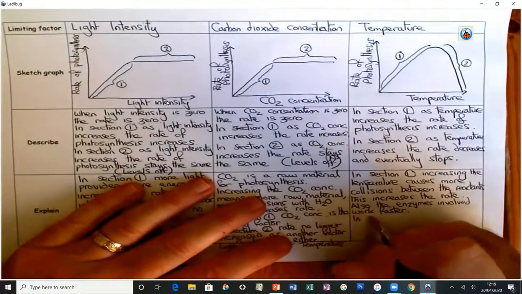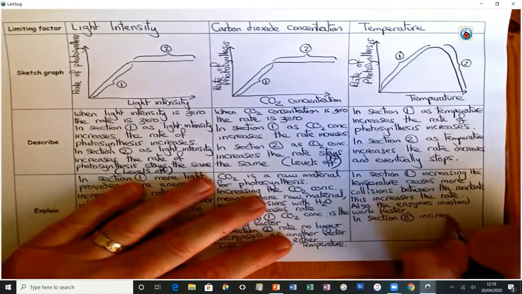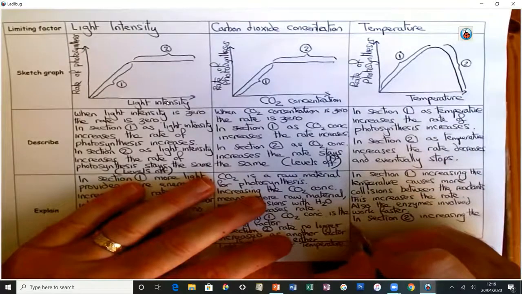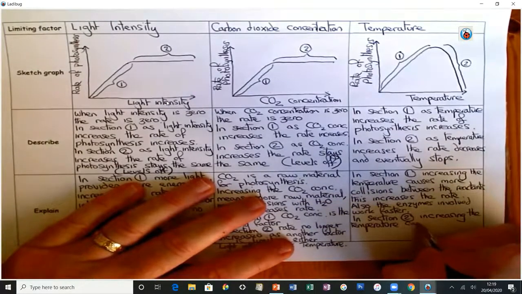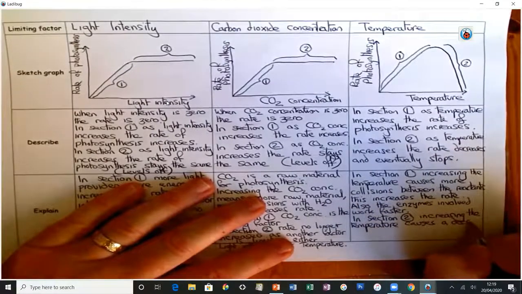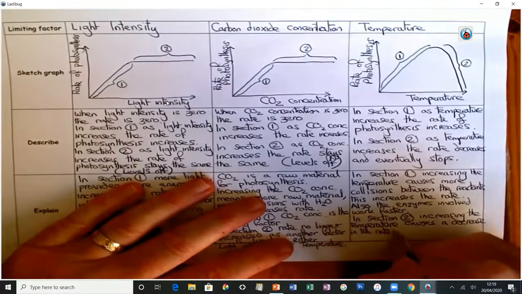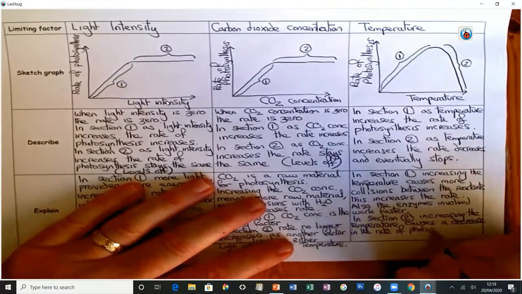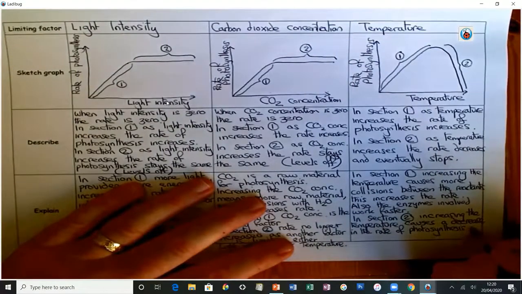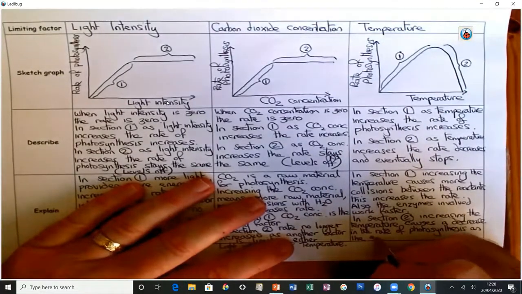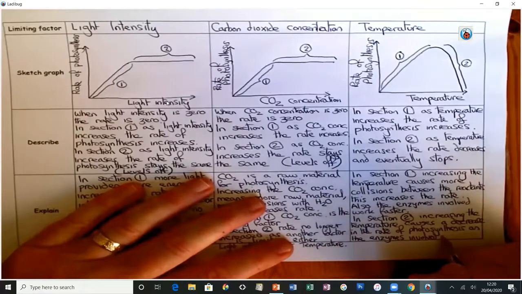So in section 2, increasing the temperature causes a decrease in the rate of photosynthesis, as the enzymes involved are denatured.